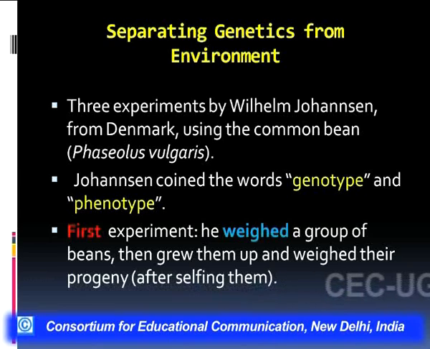So, he performed a set of experiments, and they were very statistically sound. In the first experiment, he weighed a group of beans and he also selfed them and weighed their progeny.